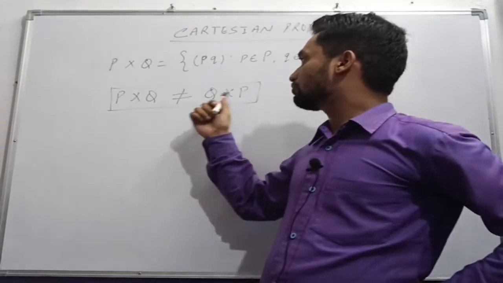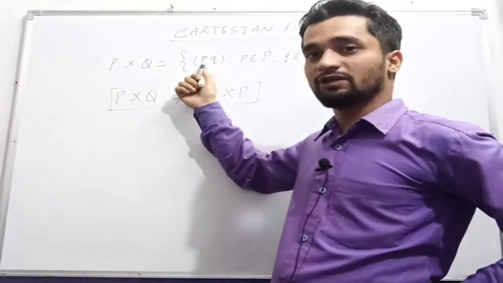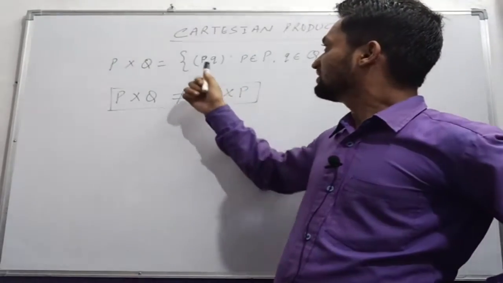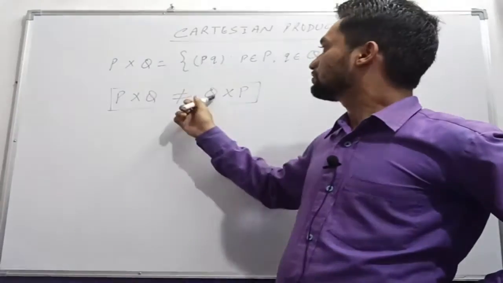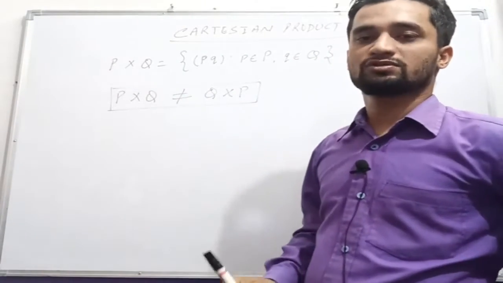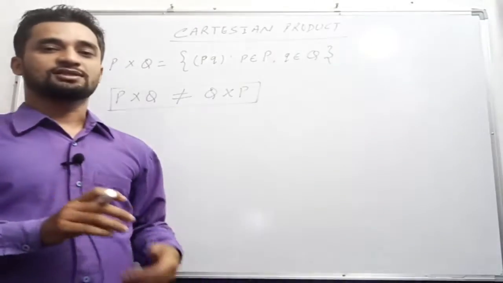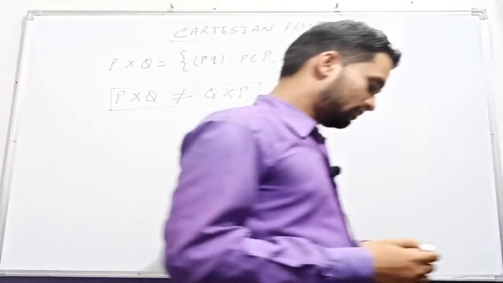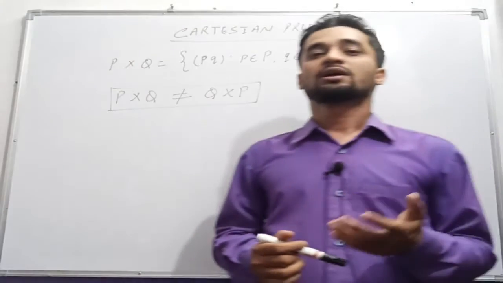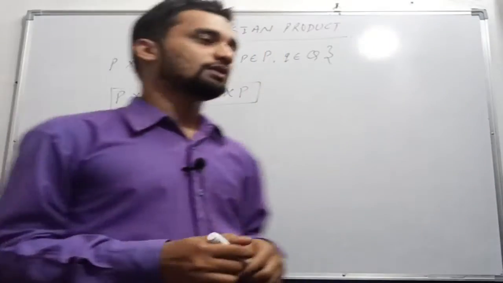If we take Q cross P, it means the first element will belong to the Q set. It will make Q cross P. So this is your basic idea about the Cartesian product. Now we should discuss how to find the Cartesian product.